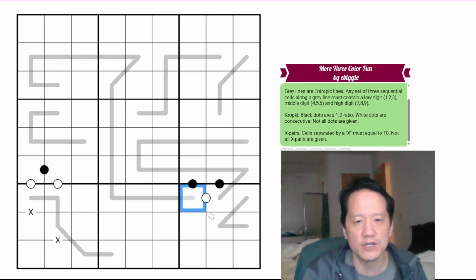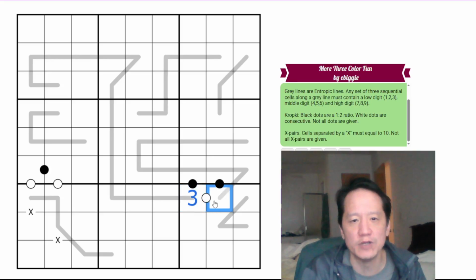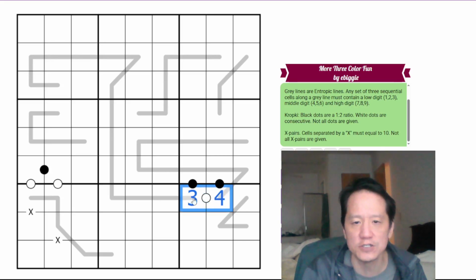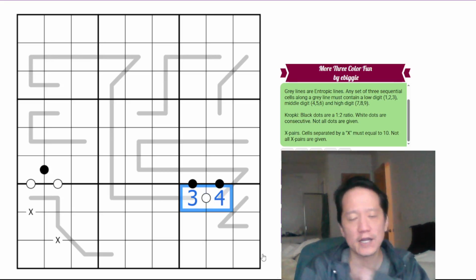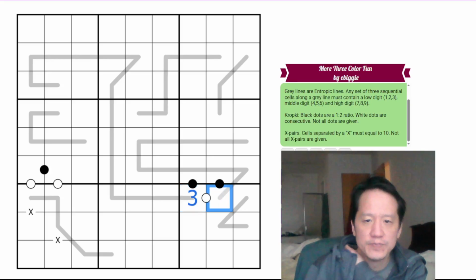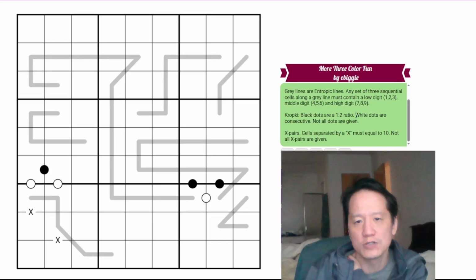If this were, say, a 3, this would have to be 2 or 4 to make sure that these digits are consecutive, because a white dot separates cells that are consecutive. And not all dots are given. So that's how Kropki works.